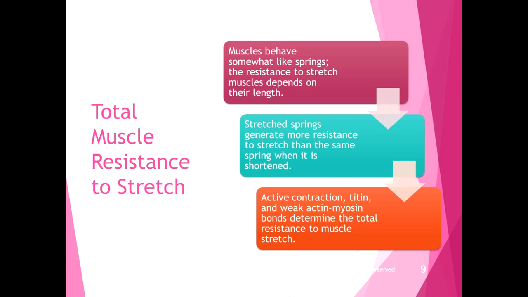So when we talk about resistance to muscle stretch, muscles behave somewhat like springs. In other words, if you took a spring and you stretched it all the way out, it would be harder to stretch it further than stretching the same spring when it's shortened.